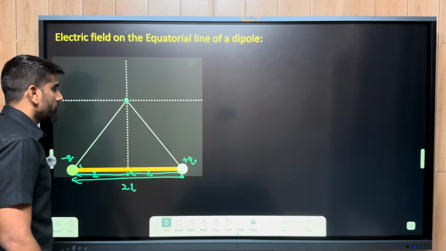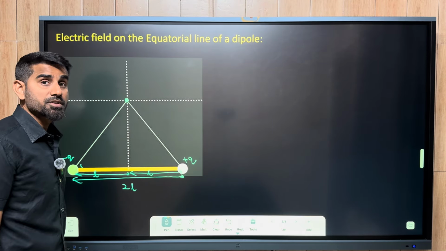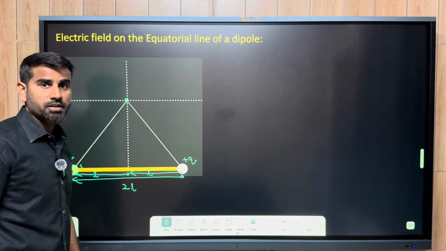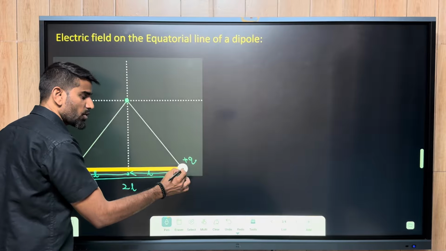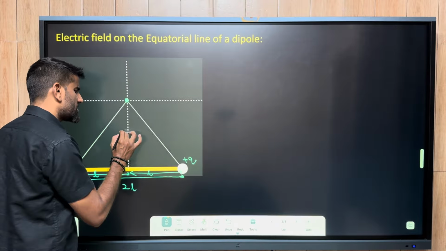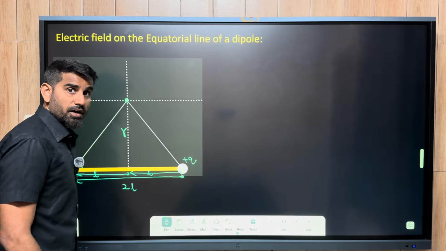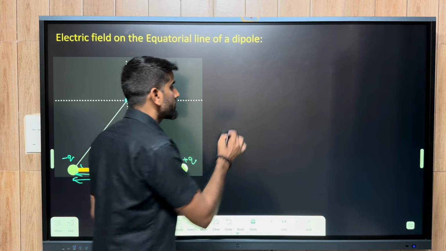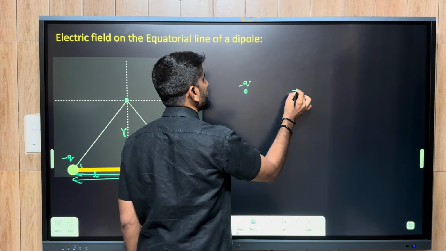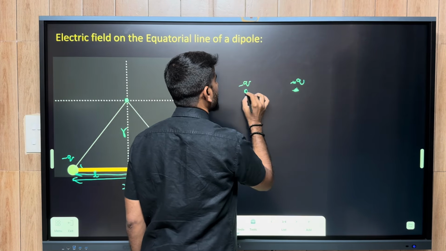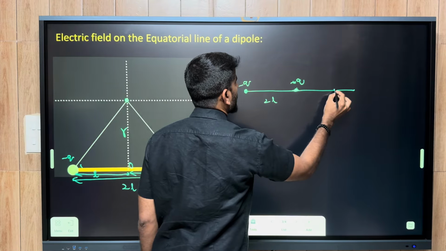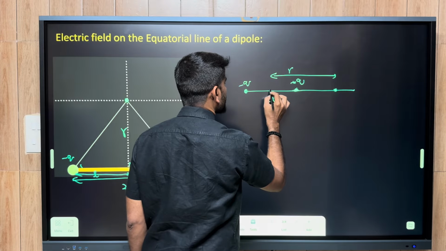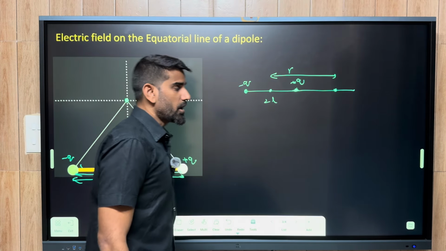Okay, now we are going to derive the equation for the electric field intensity due to the individual charges at the point of interest. As this is the positive charge, let us suppose the distance is r from the center to the point. In the earlier case also, if this is the negative charge and this is the positive charge, with separation 2l, we took a point somewhere here at a distance r from the center of the dipole.